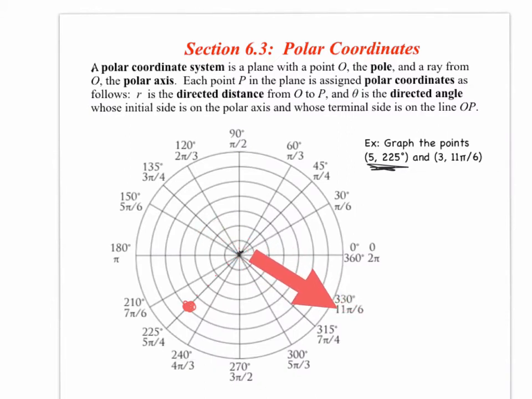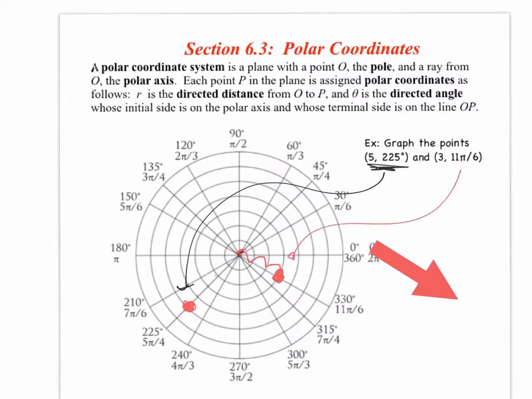So if I actually draw that on here now, I am starting at the center, walking out toward 11 pi over 6, 1, 2, 3 steps, and that's where my point would go. So this one was the (5, 225), and the (3, 11 pi over 6). So that's just plotting points.